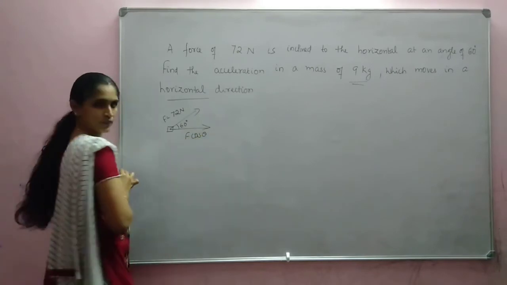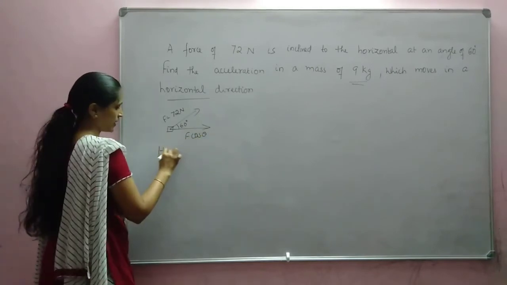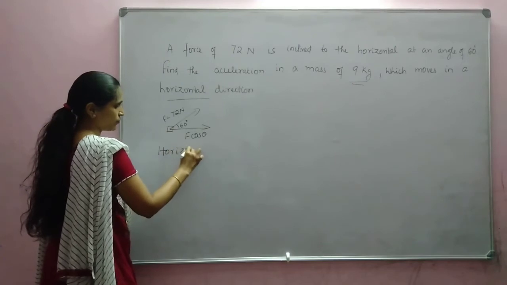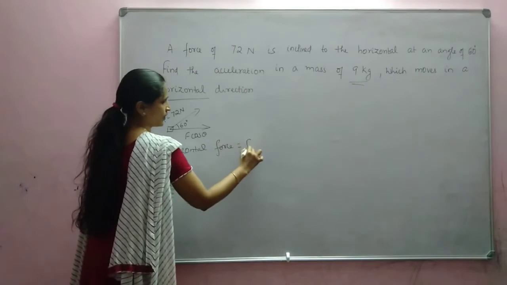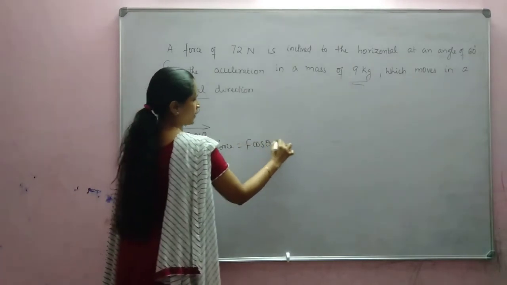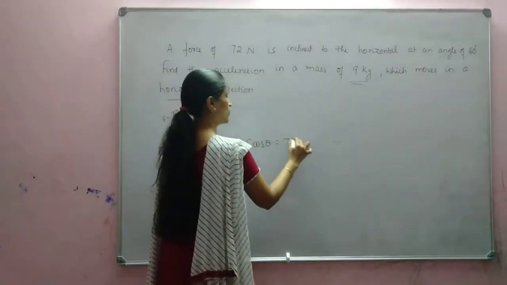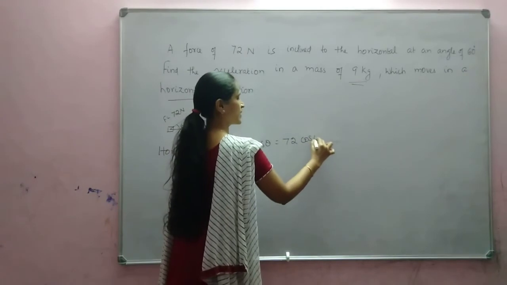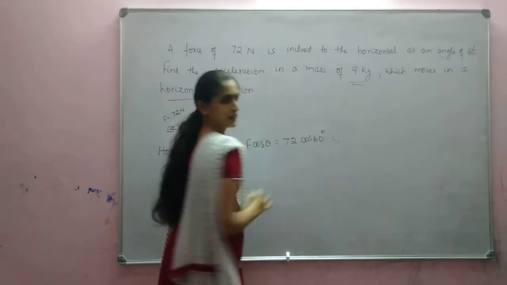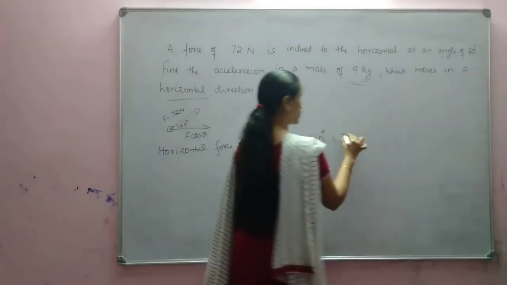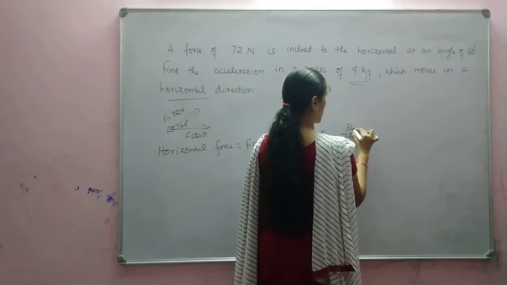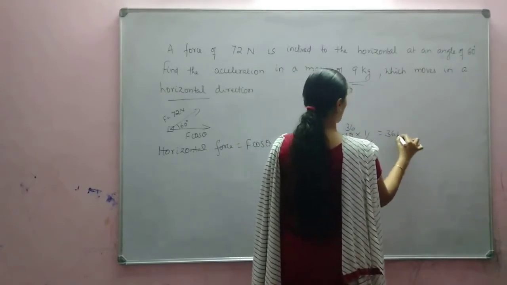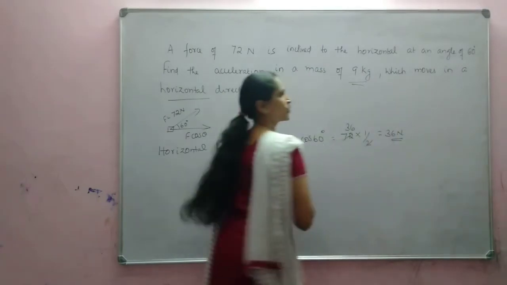Horizontal force is equal to F cos theta. F value is 72 into cos 60 degree. Cos 60 is 1 by 2. So 72 into 1 by 2, what you will get? 36. So 36 Newton is the horizontal force.